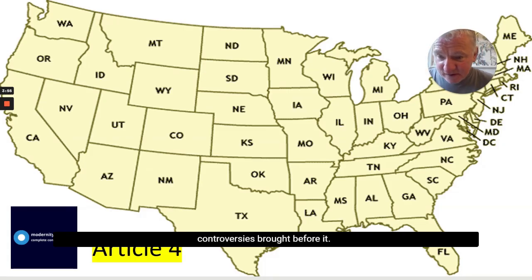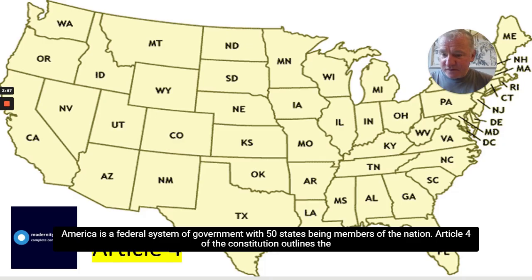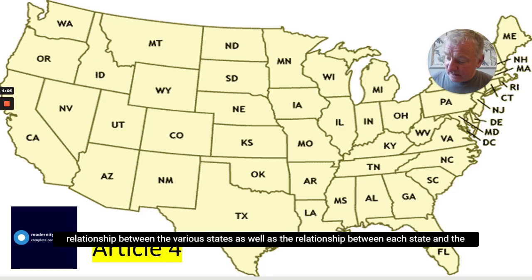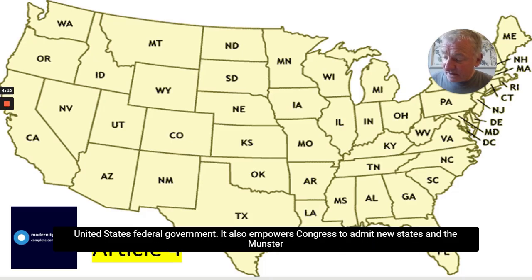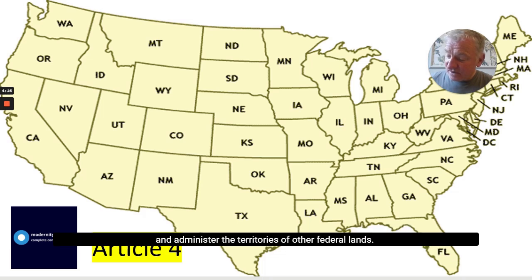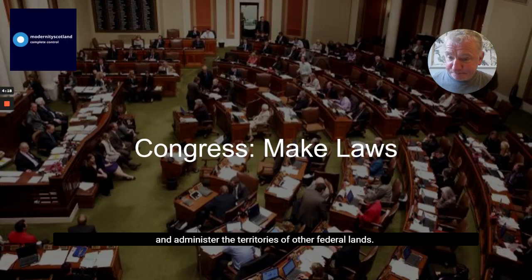America is a federal system of government with 50 states being members of the nation. Article 4 of the Constitution outlines the relationship between the various states, as well as the relationship between each state and the United States federal government. It also empowers Congress to admit new states and administer the territories and other federal lands.